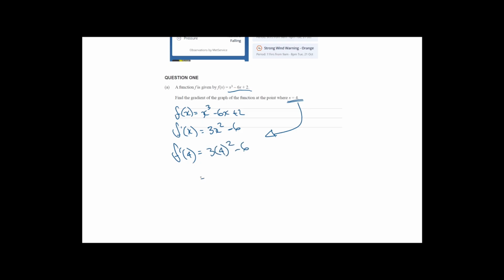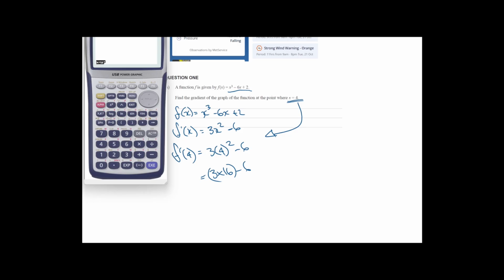3 times 4 squared minus 6, so 4 squared is 16, so 3 times 16 minus 6, and that's going to be 42, isn't it? 3 times 16 is 48, minus 6 is 42, yeah.